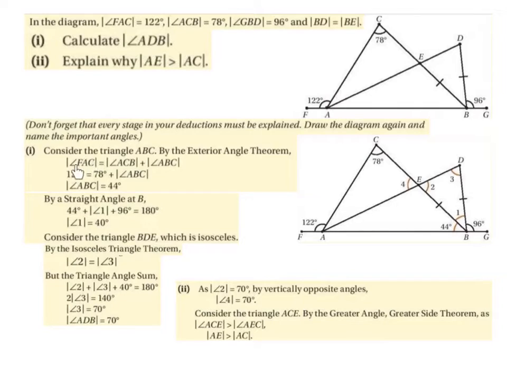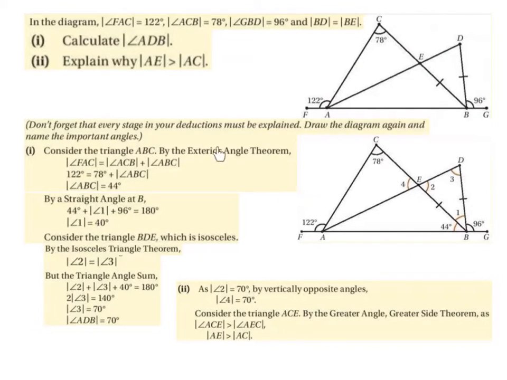So angle FAC is 122, angle ACB is 78, ABC we don't know. 122 minus 78 is 44. So angle ABC is 44 degrees.